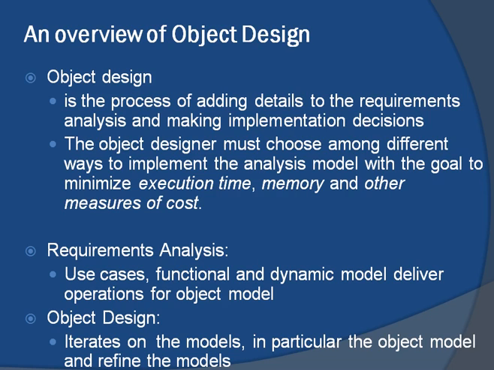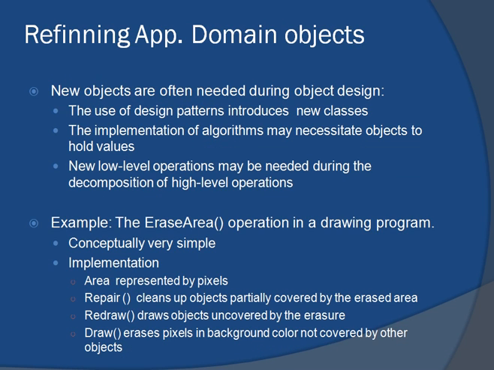Because in this analysis model only, the functional and dynamic model will deliver operations for the object model. Object design iterates on the models, in particular the object model and the refined model. Object design serves as the basis for the implementation stage.